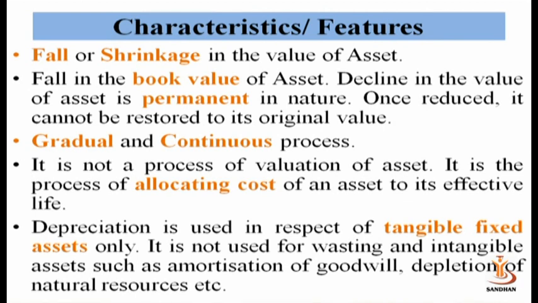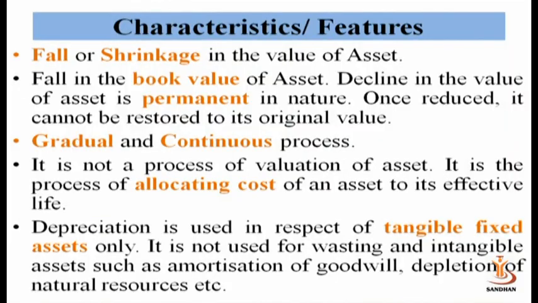The decline in the value of an asset is permanent in nature. Once it is reduced, it cannot be restored to its original value. So depreciation is permanent. Once it is reduced from the value of the asset, it is permanent.